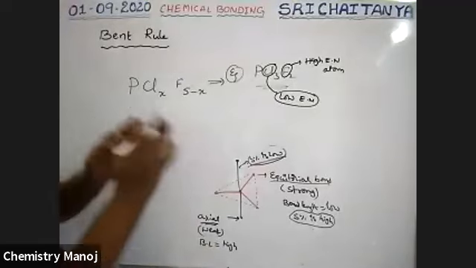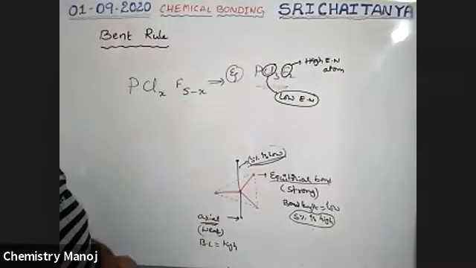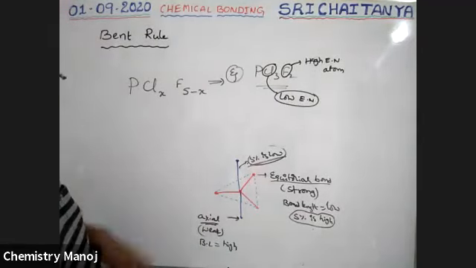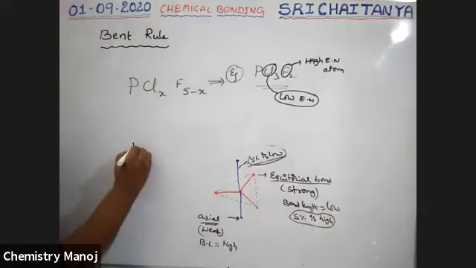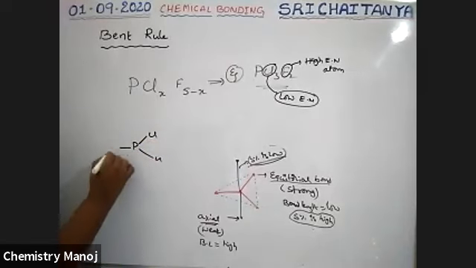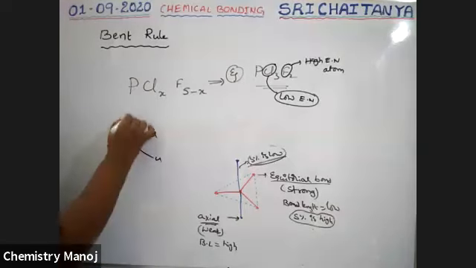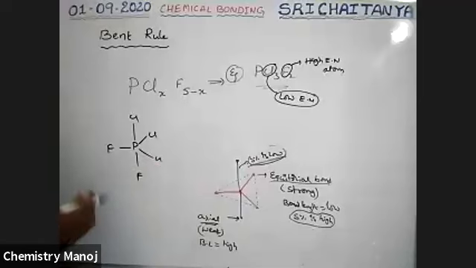Now, what is the placement of these fluorines in this condition? Where are they located? For example, this is a phosphorus, these are chlorines, and these are fluorines. Different structures are possible.